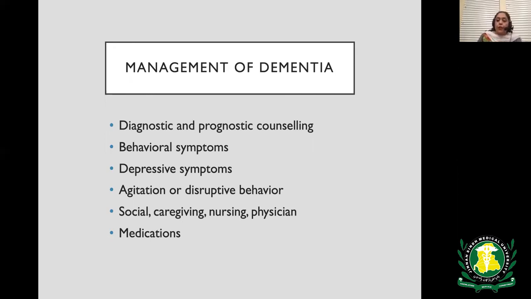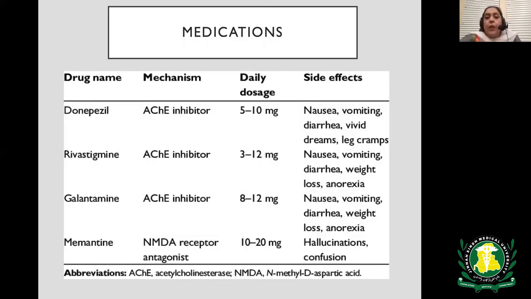If we look at the medications, the FDA has approved 4 medications so far, in 2 different classes. 3 of them are acetylcholinesterase inhibitors, which prevent the breakdown of acetylcholine at the synapses. The most commonly used are donepezil, rivastigmine, and galantamine.